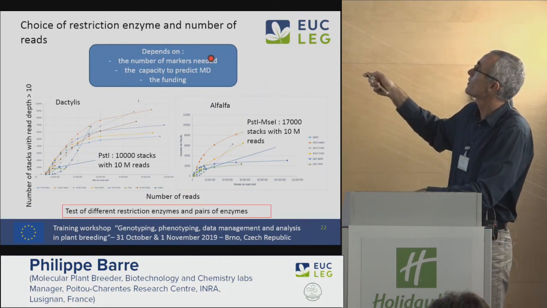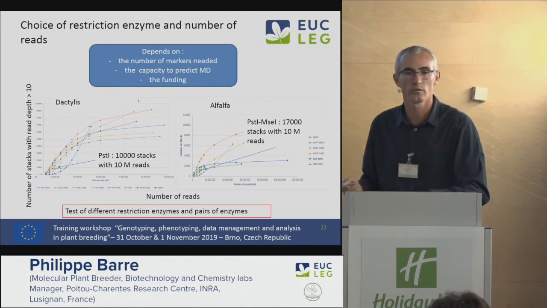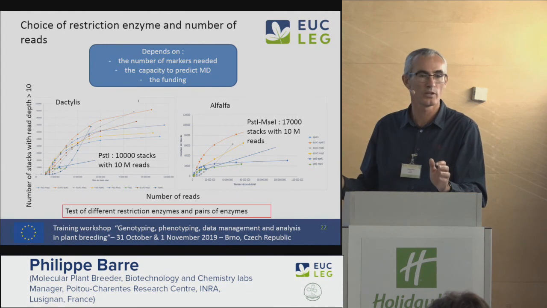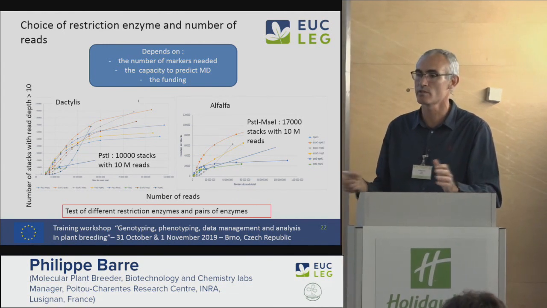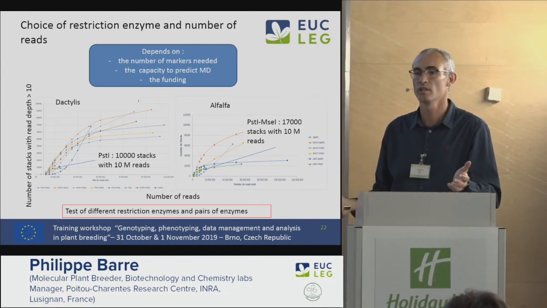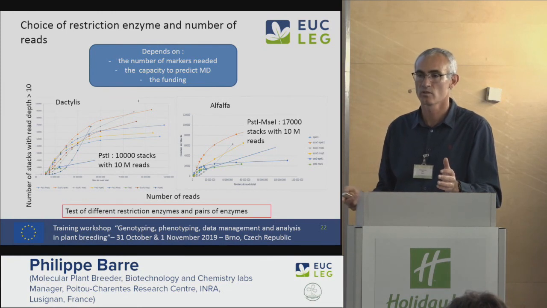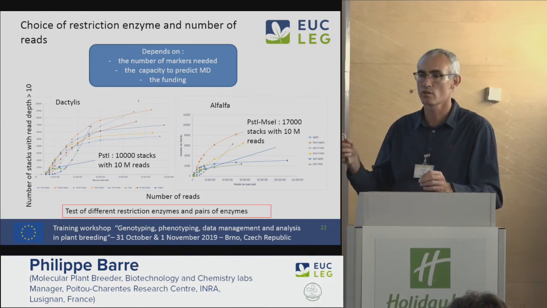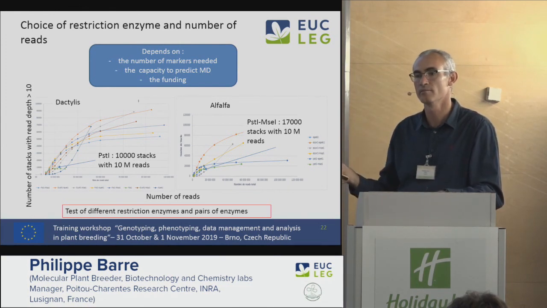the number of markers you need, if, for example, you are doing a QTL analysis in a population where linkage disequilibrium is very high, you don't need a lot of markers. So you want to choose restriction enzymes that don't cut that frequently.